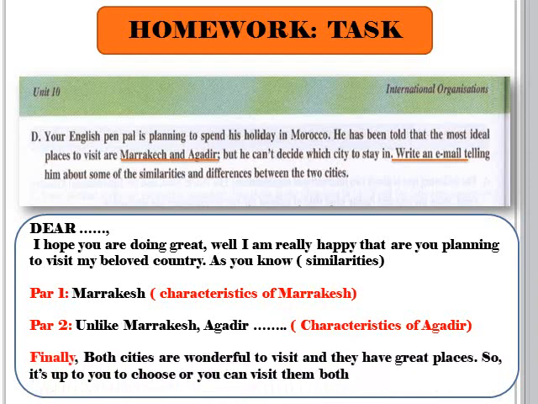And at the end, finally, as a conclusion, what I mentioned here: finally, both cities. As we always said, we must make a balanced conclusion, where I can tell him that he is free to choose any city or he can visit them both. Both cities are wonderful to visit and they have great places, so it's up to you to choose, or you can visit them both.